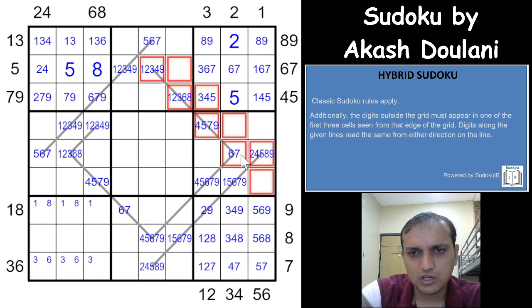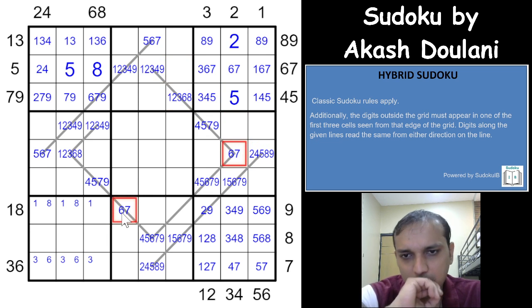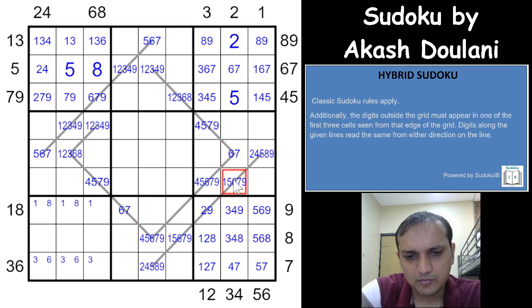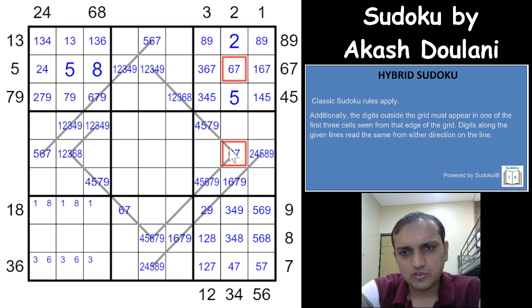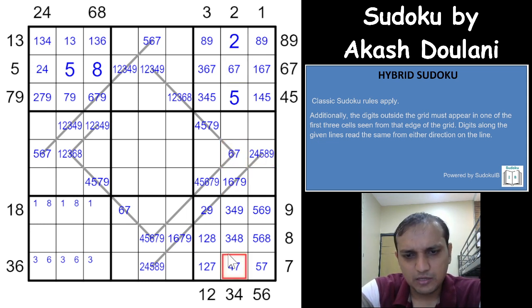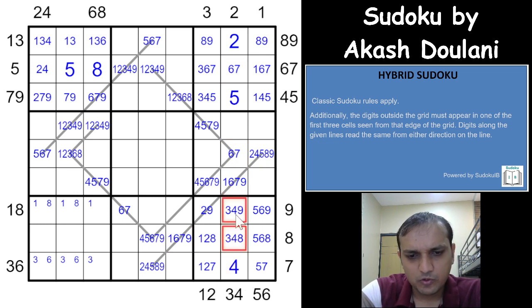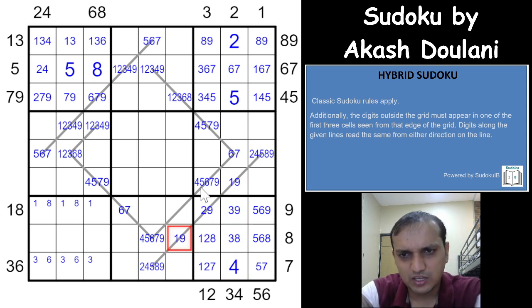I mean to say these two would have to be same. Right. And that eliminates 5 from this cell and 5 from this cell. Now that gives you a 6 7 pair here. That eliminates 7 from this cell. So this is a 4 here. 4 gets eliminated from this cell. Both 6 and 7 eliminates from this cell. So 6 7 gets eliminated from this cell as well.